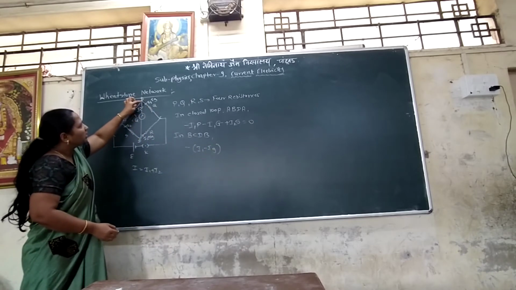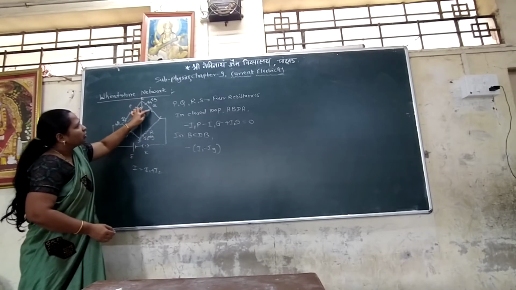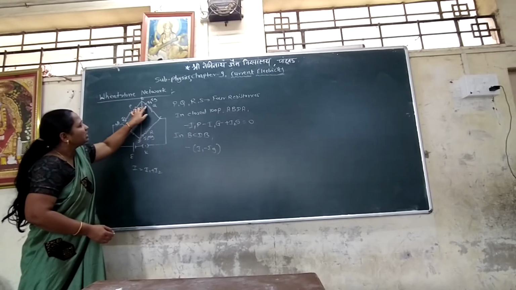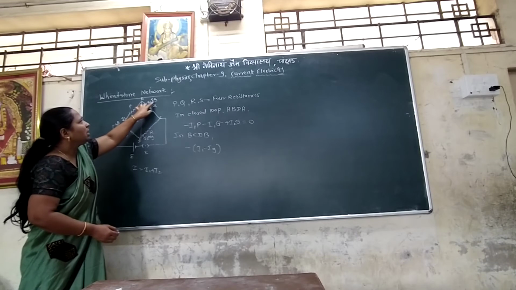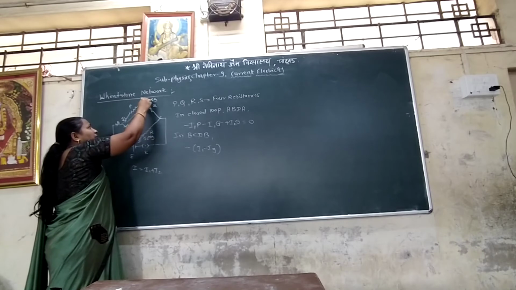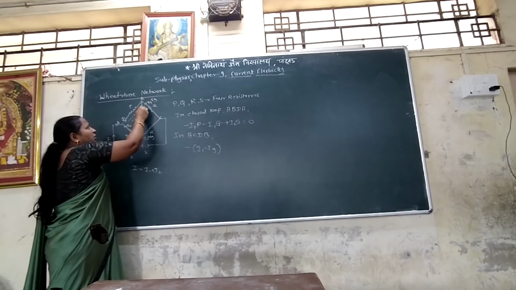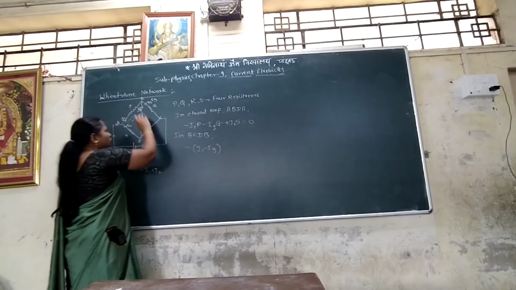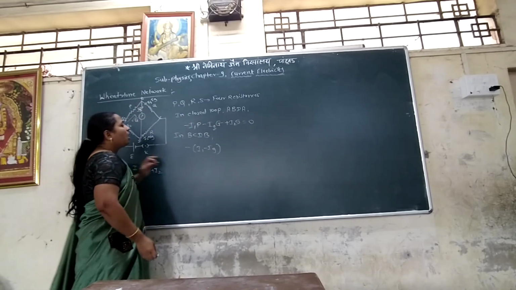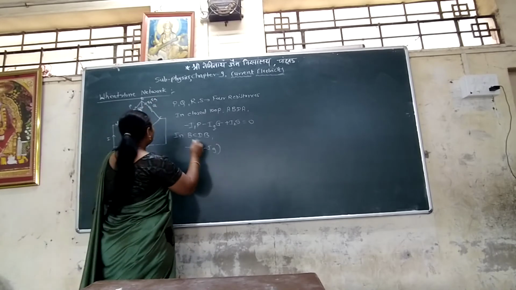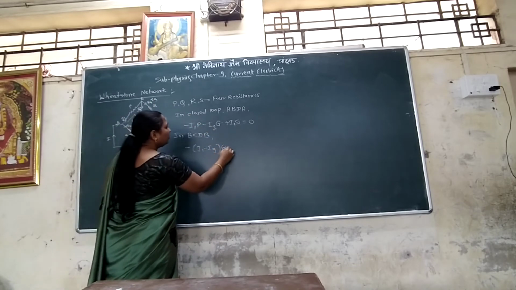The direction is the same as the loop we are considering, therefore it is taken as negative: minus I1 minus IG, where current is flowing through I1 and another branch carries IG, the current flowing through the galvanometer, IG into G. The current flowing through resistor Q is I1 minus IG.